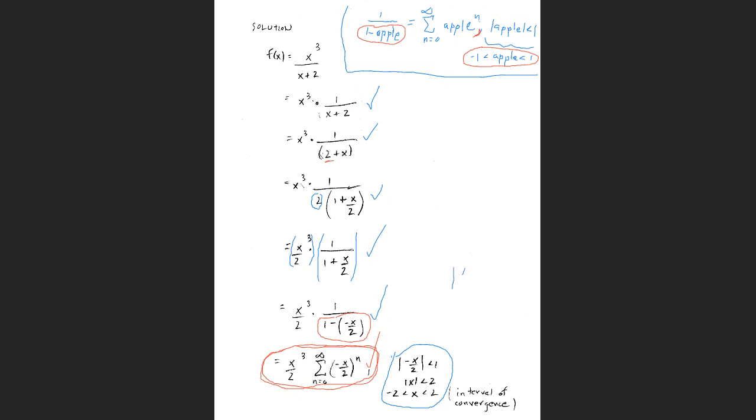The absolute value of negative x over 2 becomes the absolute value of x over 2 is less than 1. And that gets me down to here, where I have the absolute value of x is less than 2.